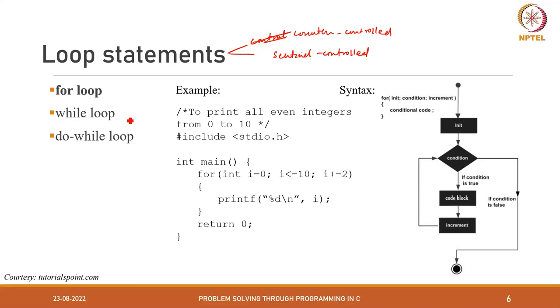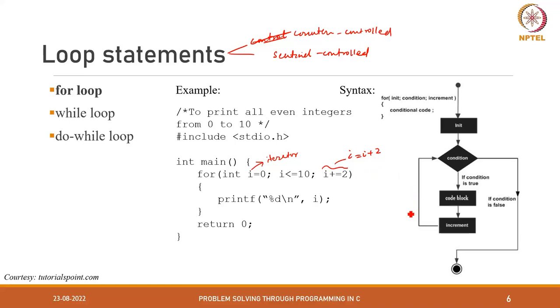So for example, this is the for statement. Here we have a variable i. This i variable is called the iterator because it iterates from 0 till 10 in counts of 2. When we write i plus equal to 2, that basically means i is equal to i plus 2, and the increment is done at the end of the iteration.